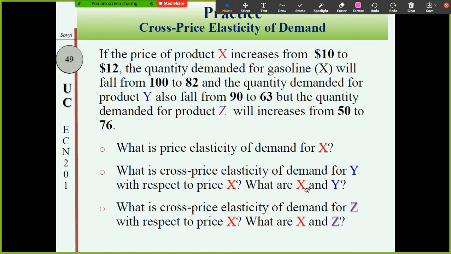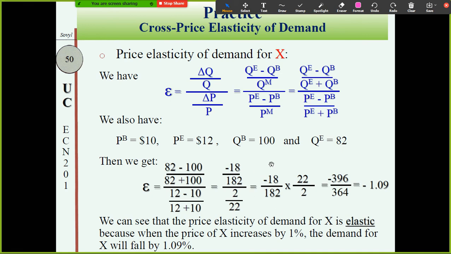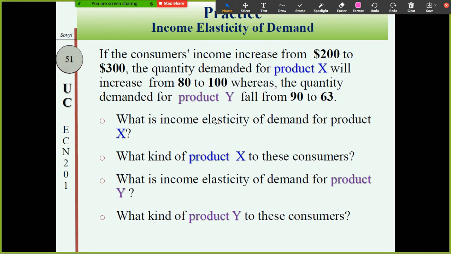The natures of product X and product Y depend on the sign of the cross price elasticity of demand for product Y with respect to price X, positive sign or negative sign. Same thing here, the cross price elasticity of demand for product Z with respect to price X.